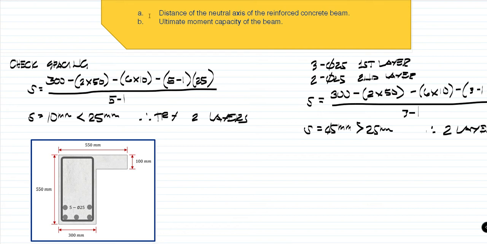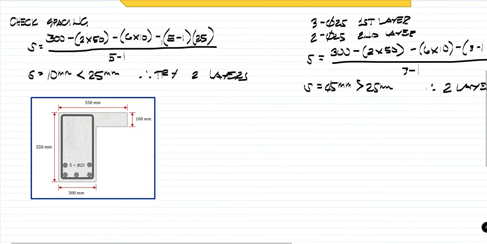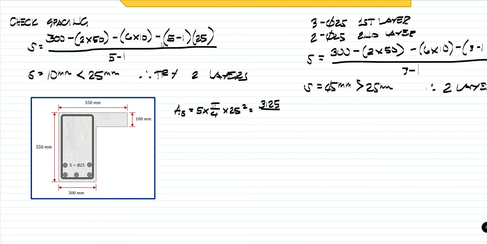So dito sa part na to, magkaiba yung d natin sa dt kasi 2 layers yung reinforcement natin. So start tayo on the part of the steel area, A sub S, which is equivalent to, that is 5 times pi over 4 times 25 squared. And it will give us a value 3125 over 4 pi.